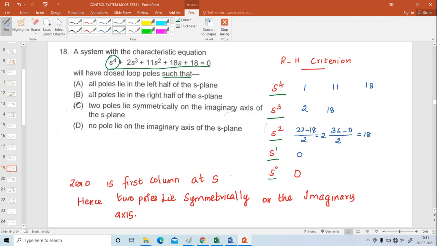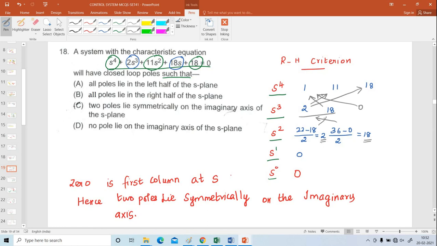Write the coefficient of S power 4, then S square, then S power 0. And for the next one, for S cube and coefficient of S power 1. And next, how to find this? Here multiply 2 into 11 minus 18 by 2. That is equal to 2, 4 by 2. Then 2 into 18, here 0 into 1, again divided by 2. 36 minus 0 by 2, 18. See 2, 18. Here also 2, 18.